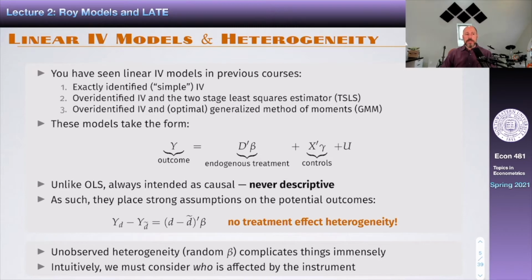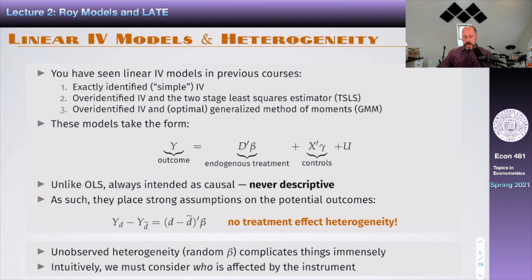fixed at beta, okay? And then if we allow this beta to be random, which again is something that we discussed in 480, if you remember, then things become complicated quite rapidly.